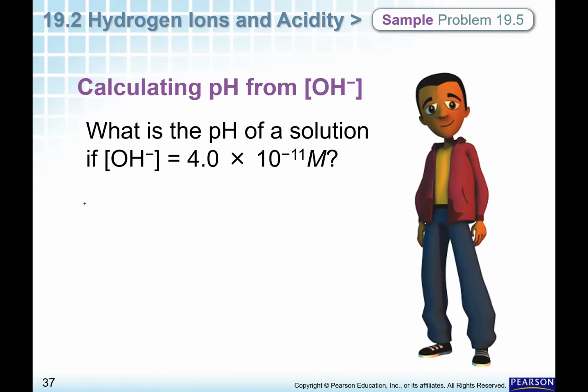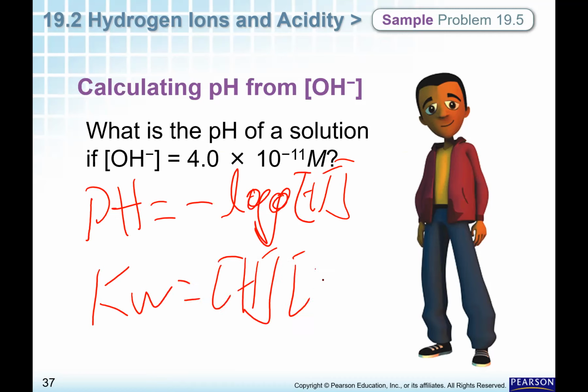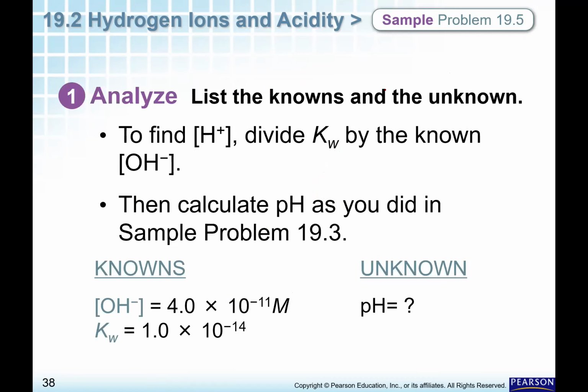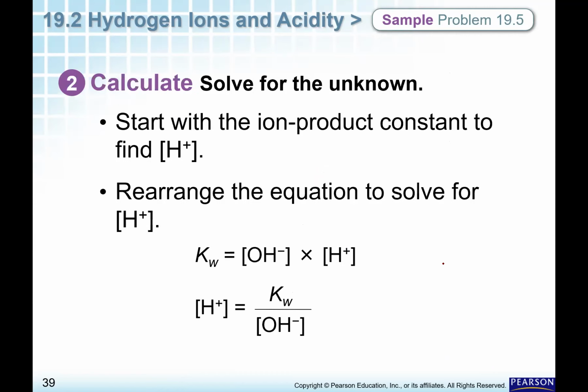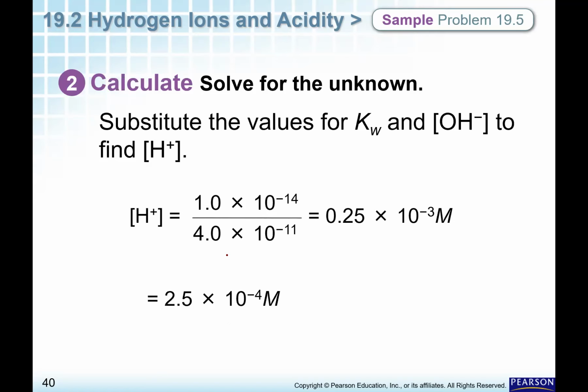Now remember that the pH is equal to the negative logarithm of the concentration of H plus. So first of all, we need to find the H plus concentration using the KW, which is equal to the concentration of H plus times the concentration of OH minus, and is equal to 10 to the minus 14. That is the first thing. Then we substitute. Using the KW, the concentration of H plus is determined from this equation, which is equal to 2.5 times 10 to the minus 4.